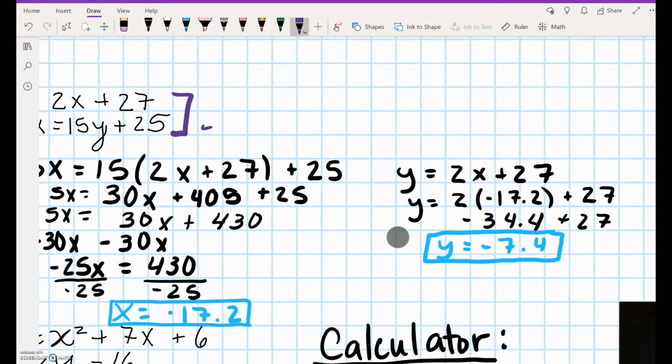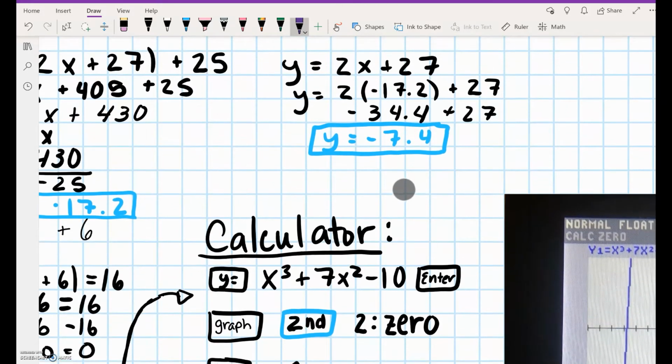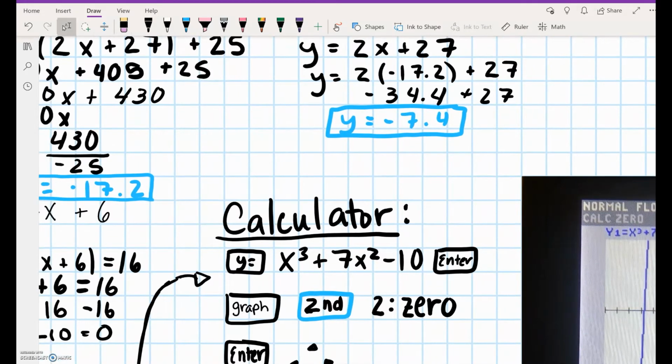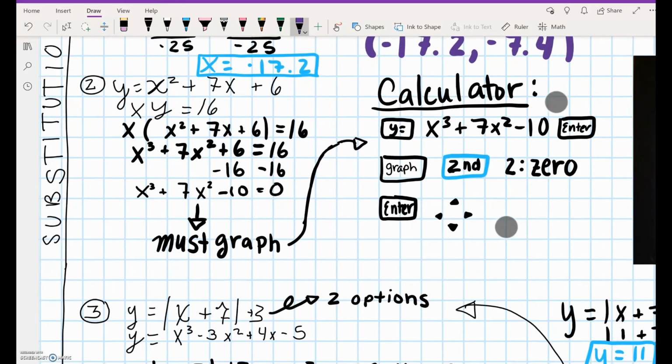In this case, I've chosen the first because it was already a y equals, so all you would have to do is work on one side, distribute, add them together, and you get y is equal to negative 7.4. If you wanted to write this as points for your graph, you could write it like these. And then you've got it.